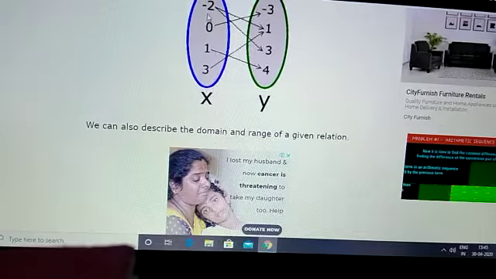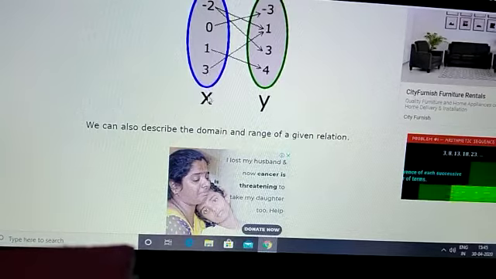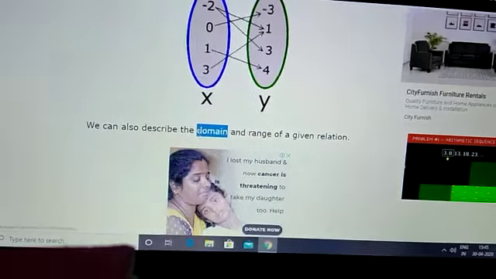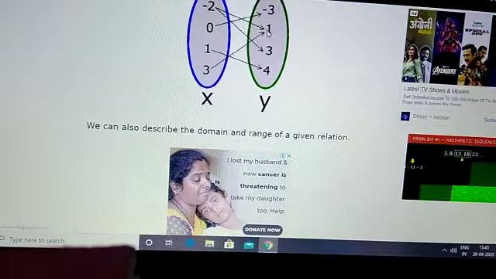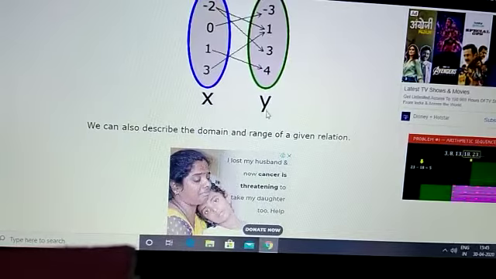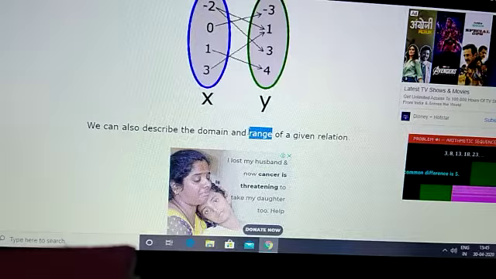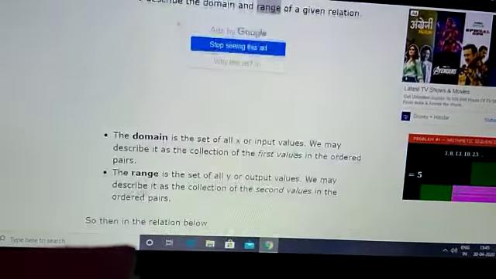For example, -2, 0, 1, 3 is the set of x, which is known as the domain. Moving ahead, -3, 1, 3, 4 is the set of y, which is known as the range. Hope you have understood.